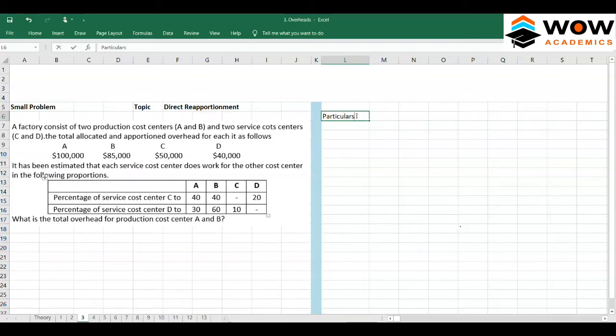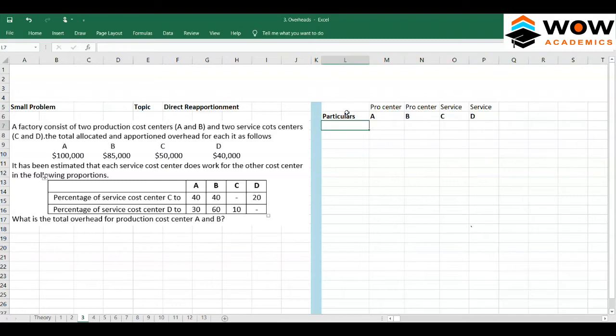We'll start with particulars, then we'll have departments A, B and C and D. A and B are production centers. This is a service center, and we will put the overheads.